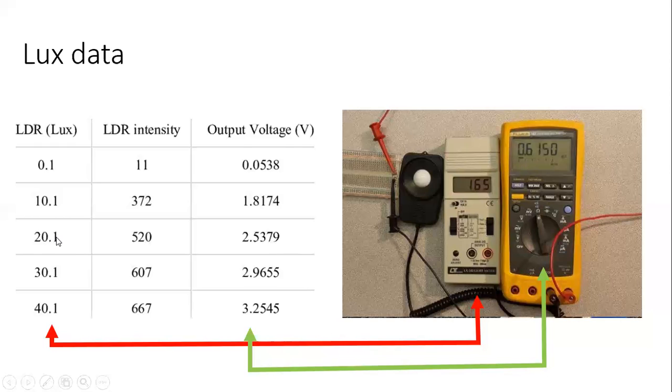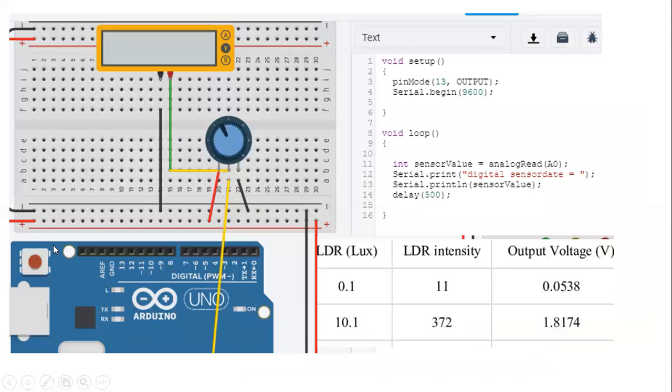Now we need an Arduino to process and convert the analog data into digital data, so we're able to do the decision making and display to the human that the data is 20 lux. Again, you can try out these simulations. With these simulations, we're able to get the digital data that we want.